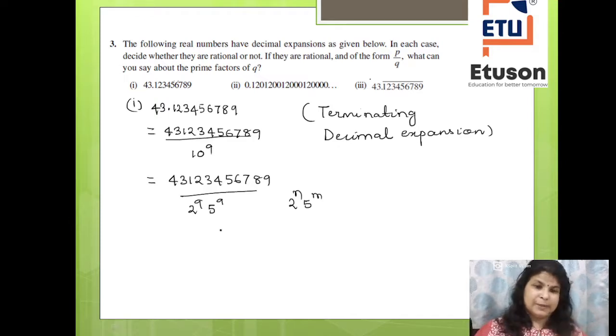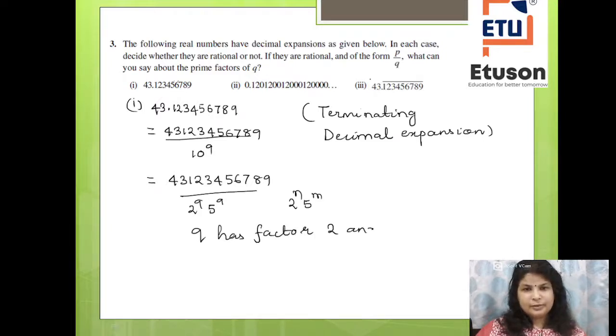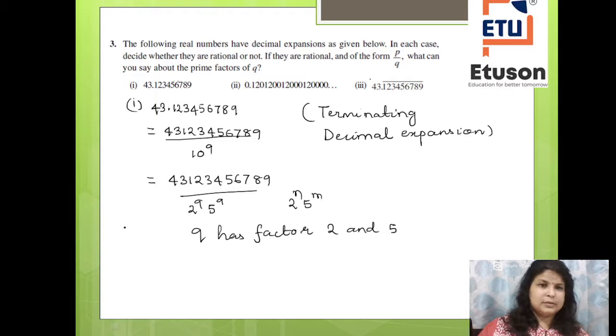So q has factor 2 and 5. Correct. So it is a rational number. So p by q, it's a rational number. If they are rational, what can you say about this? So the number is rational.